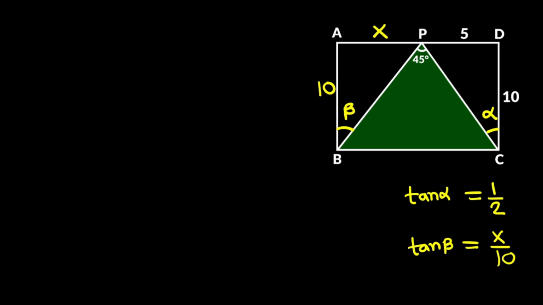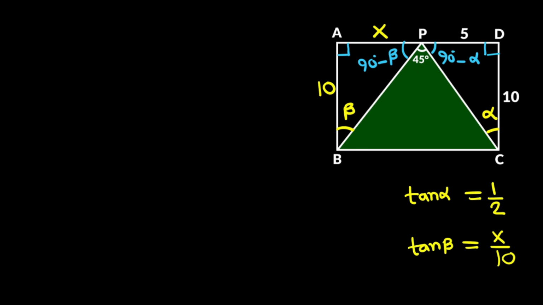Now here's the key idea. We know the corners of the big rectangle are 90 degrees. So the bottom angles of our shaded triangle are 90 minus alpha and 90 minus beta. And the top angle is already 45 degrees.